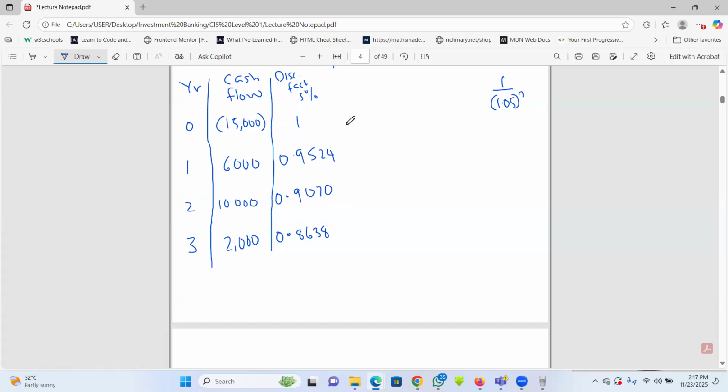Now that we have your discount factors, we can go right ahead and get our present values. So this will be what here? 15,000 still. So multiply for me. 5714.4.